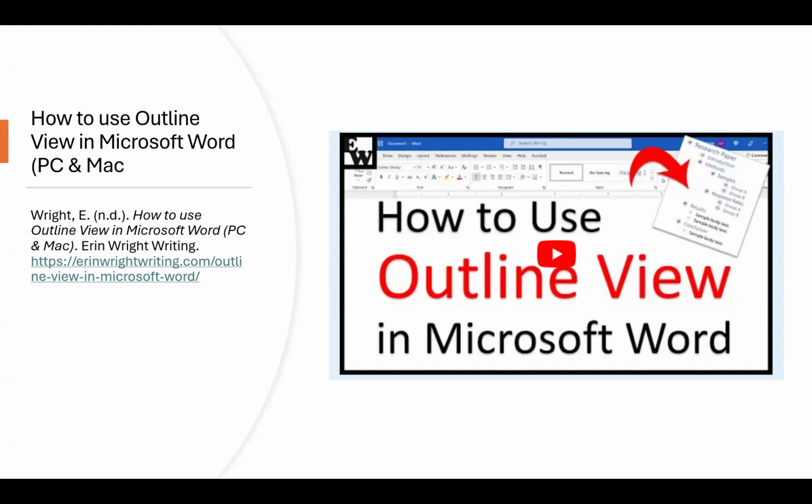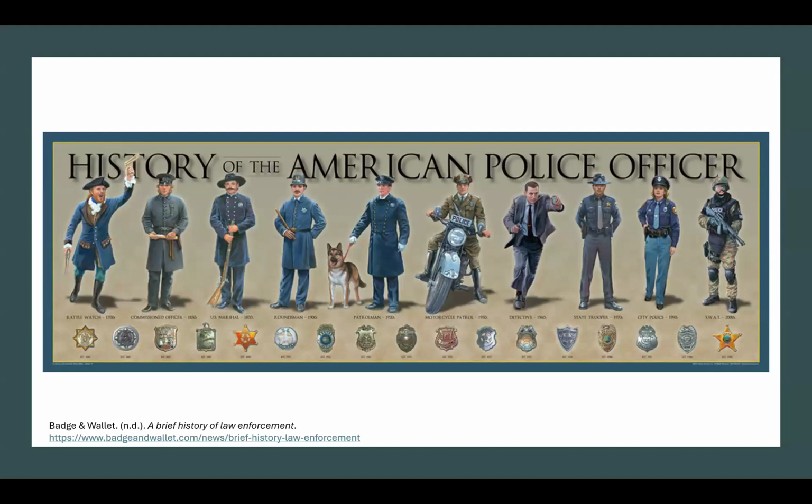Now let's look a little bit deeper and let's look at some history. The first one, history of the American police officer. You can see the source that I used to obtain this information from. We're going to click and go online.